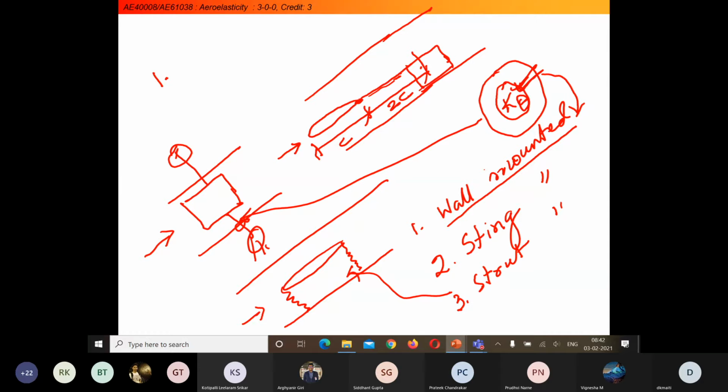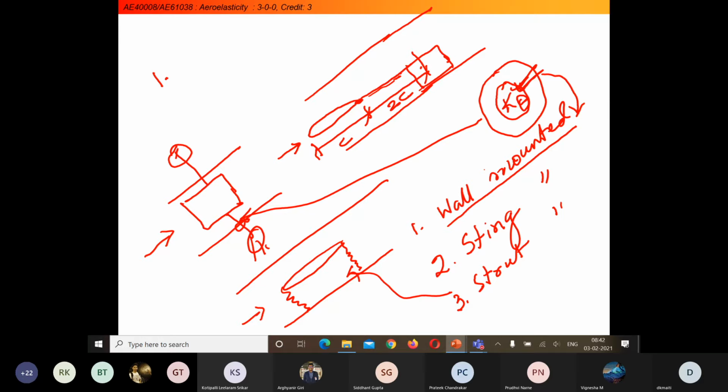That's why the usual practice is to take a scaled model, which represents the actual aircraft wing in a scaled manner, and the torsional stiffness will be simulated in the wind tunnel model, whatever we are mounting on the mounting system.